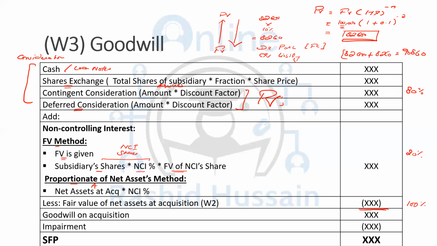So when we are consolidating 100% of the subsidiary and representing NCI in it, we need to calculate the goodwill of both. And then you deduct the impairment. Luckily in the F7 exam, the examiner will give you the impairment. Impairment is the reduction in the value of the goodwill. Because goodwill is an intangible asset having an indefinite life, we cannot amortize it. We need to calculate the impairment, which is the fall in the value of the goodwill.